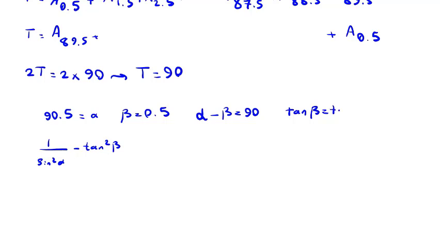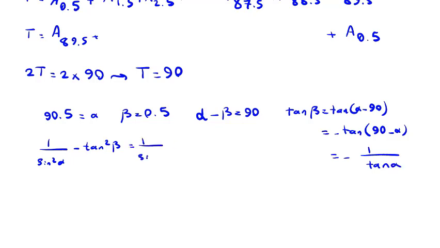Tangent beta is tangent alpha minus 90. You can say it is equal to negative tangent 90 minus alpha, and you can say it is negative 1 over tangent alpha. And you can say it's 1 over sine squared alpha minus, if you replace with this, negative squared will be cancelled, so we have cos squared alpha over sine squared alpha, and if you use common denominator, 1 minus this, sine squared alpha over sine squared alpha is 1.